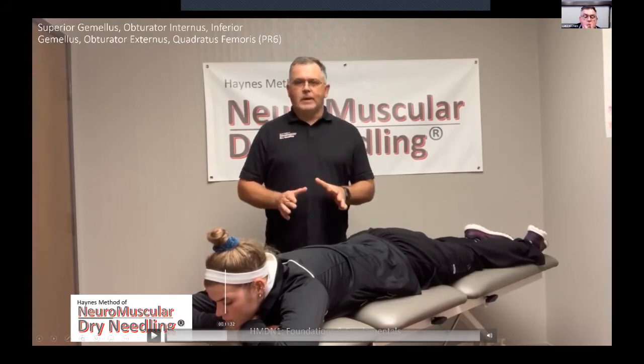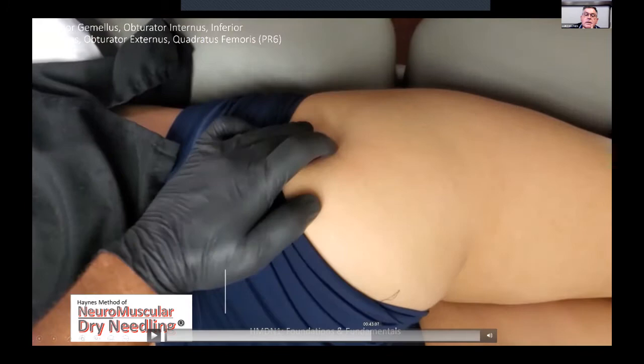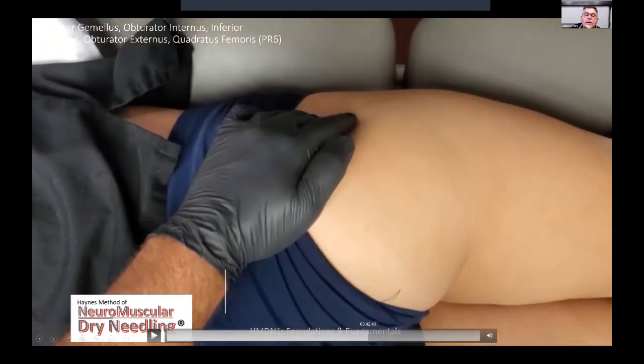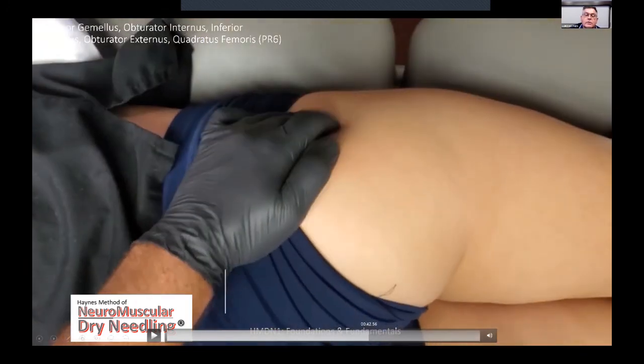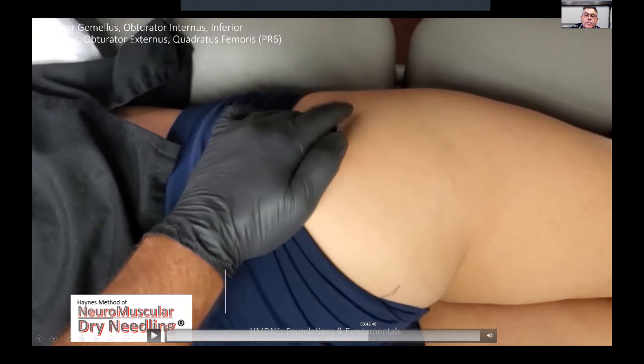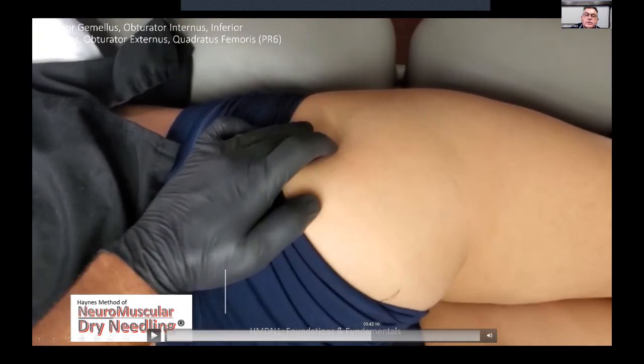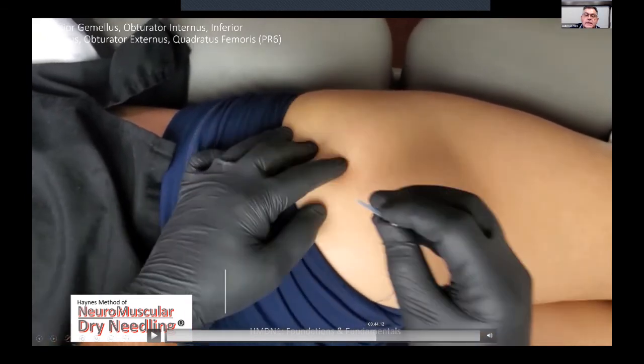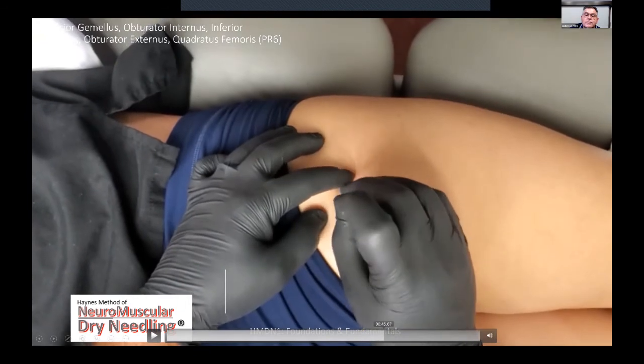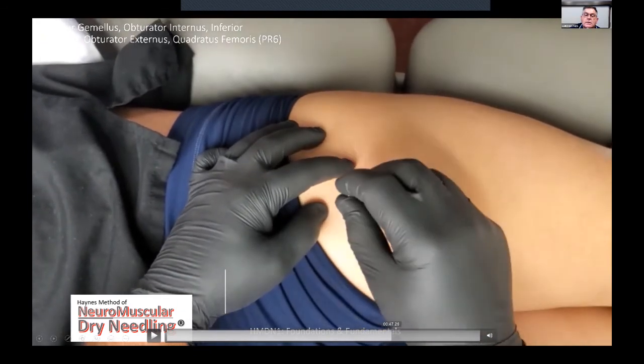What we're going to do is find the greater trochanter again, and everything centers around that greater troch. Nice, easily identifiable landmark. We're going to come in 2 finger breadths from that, and we're going to drop 1 to 2 finger breadths, and we'll needle posterior to anterior.